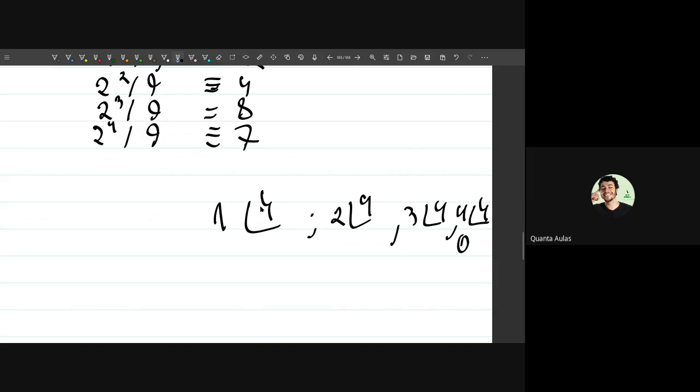And 5, the remainder is 1 again, right? 6, 2 again. 7, 3 again. So when we are working with remainders, we have patterns of remainder values.